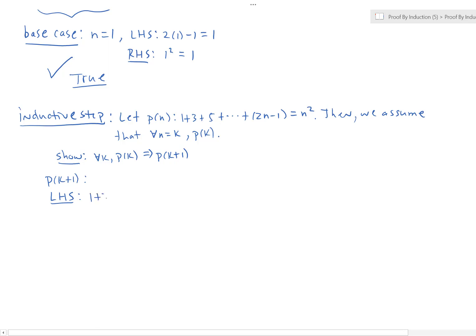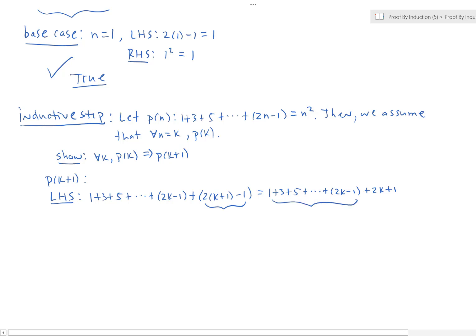It's going to be 1 plus 3 plus 5 plus, well, we already added all the way down to 2k minus 1. And then the next one after that is going to be 2 times the quantity k plus 1, minus 1. And then just to rewrite this, that's 1 plus 3 plus 5 plus, all the way down to 2k minus 1. And then just distributing and collecting like terms there, you get a plus 2k plus 1.